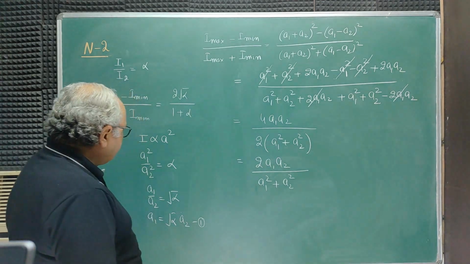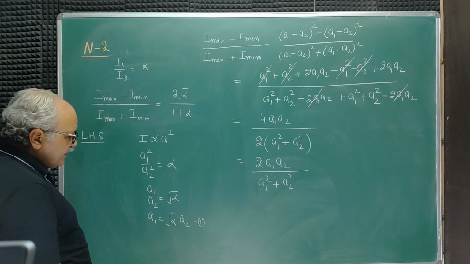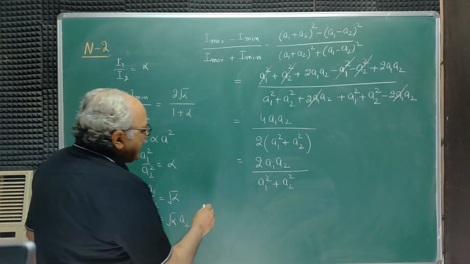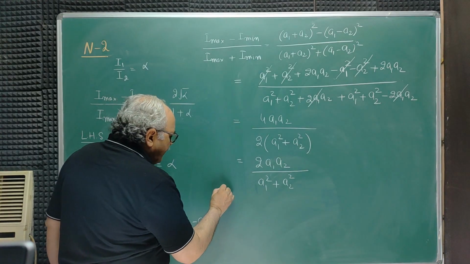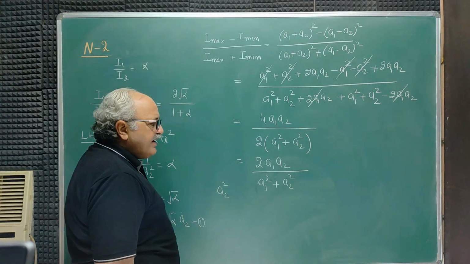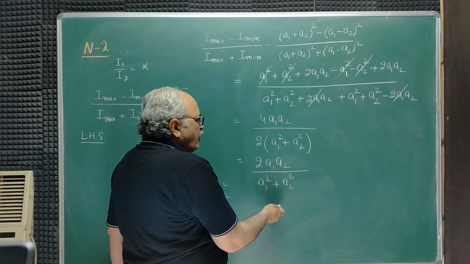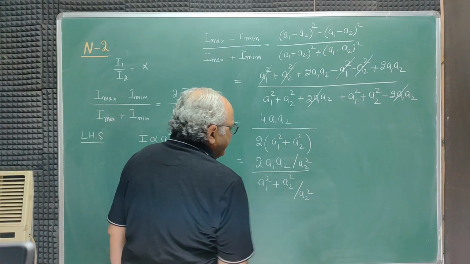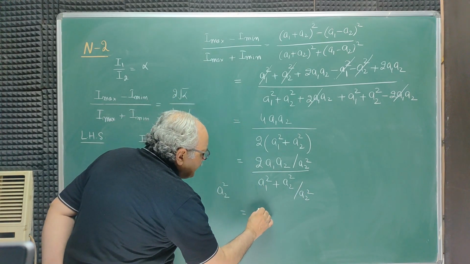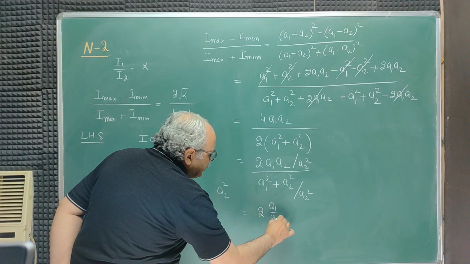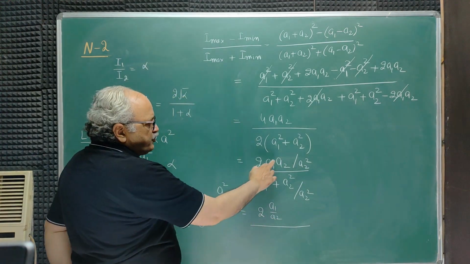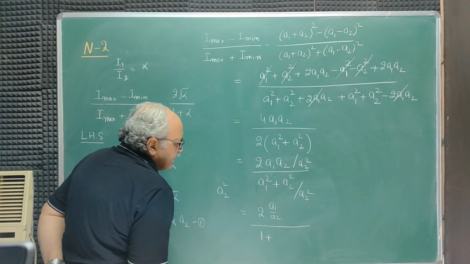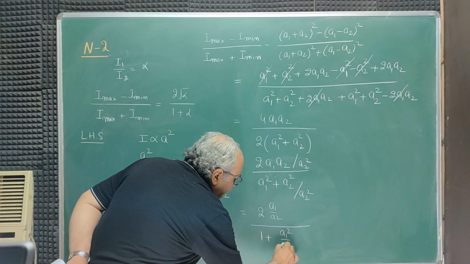Now in order to get the right hand side, since I know that A1 by A2 is equal to under root alpha, I am doing one thing: I am dividing numerator as well as denominator by A2 square. If I do that, then this will become twice A1 by A2, and in the denominator A2 square by A2 square is 1, and then A1 square divided by A2 square.